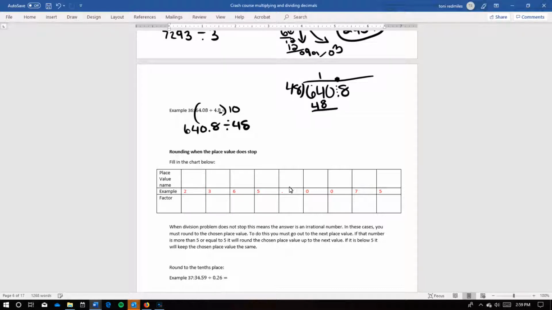Let's try it. 16, very good. Alright, so if I had to guess, I would guess it goes in 3 times into 160. So let's try that out. Yes, I think that is correct, and I probably can't get another one in. So there we go.